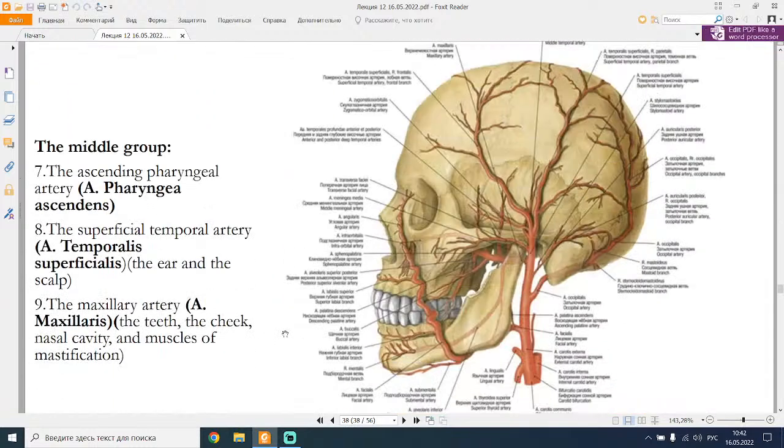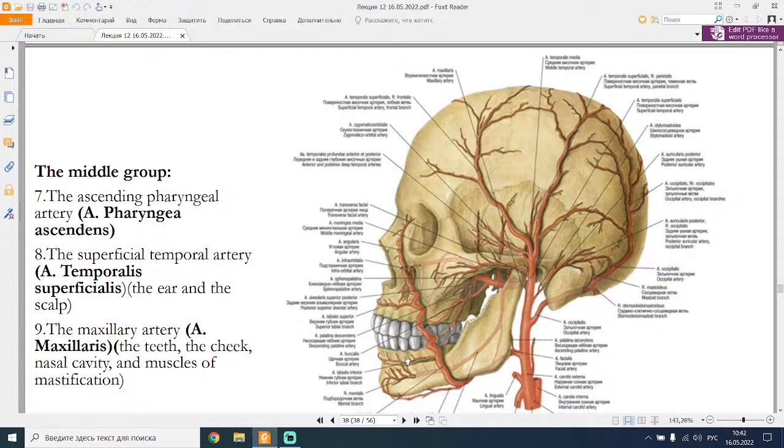And next, the middle group. It includes the ascending pharyngeal artery, arteria pharyngea ascendens, and the superficial temporal artery, arteria temporalis superficialis, which supplies the ear and scalp, and the maxillary artery, arteria maxillaris.